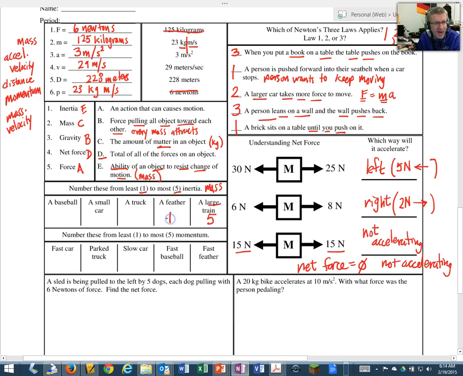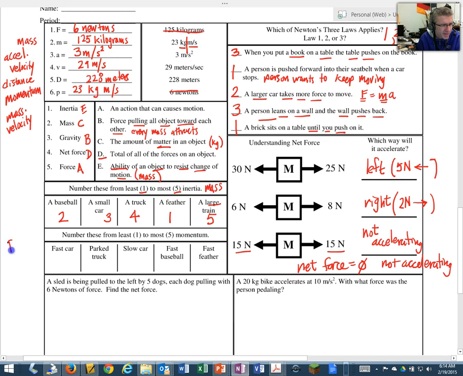A feather has the least mass. A baseball has more mass than a feather, but less mass than a small car or a truck. A truck has more mass than a small car. So it goes like this: 2, 3, 4, 1, 5. Looking at inertia.